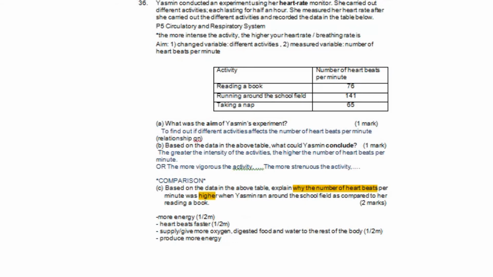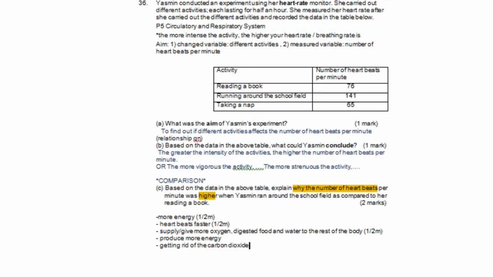Now, not only that, if all of you just stop here, you get 1.5 marks. Remember, when you are breathing, you're breathing in, you're taking in oxygen, but you are also breathing out. So you are also giving out carbon dioxide. So you need to add that in. So you are also getting rid of the carbon dioxide.